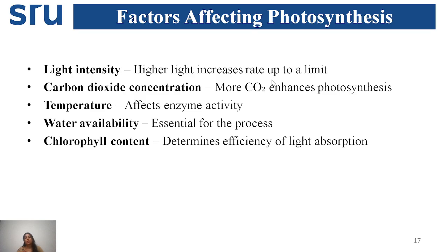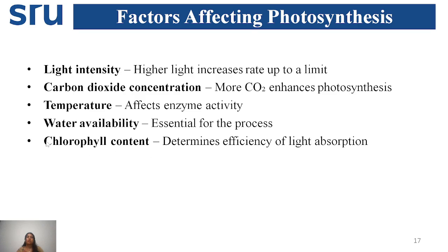More carbon dioxide means more photosynthesis, and light is also highly important. Optimum light is required. High light intensity will also affect flowering, and the plant will wilt. Temperature: optimum temperature is required for enzyme activation. Water availability is essential for the process.